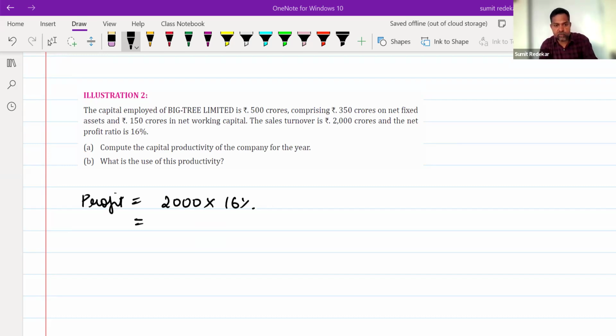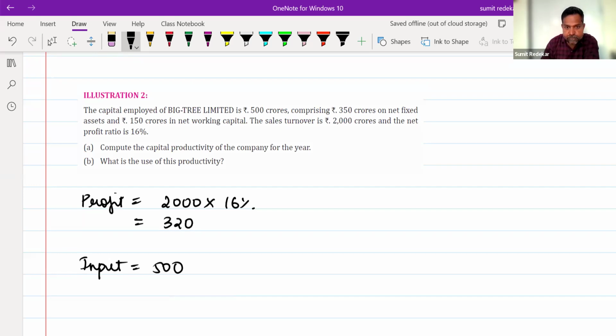I will still have the calculator ready. So 16 2s are 32, 320 for an input of 500 crores. So can I say 500 डाल के 320 crore निकाला आपने?